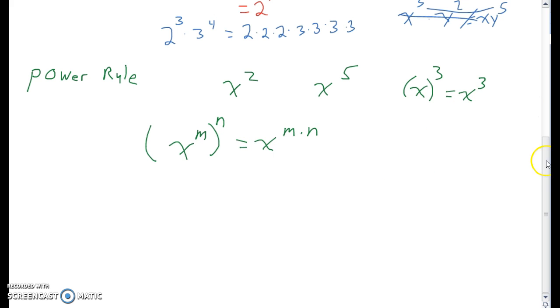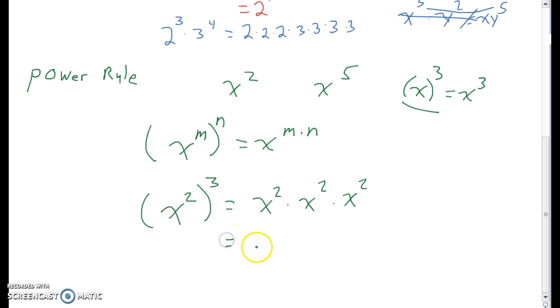Let's take this x to the third power that we have up here, but let's add to it. Let's say we have x squared to the third power. Well, we can rewrite this as x squared times x squared times x squared. And we can further rewrite that as x times x times x times x times x times x.